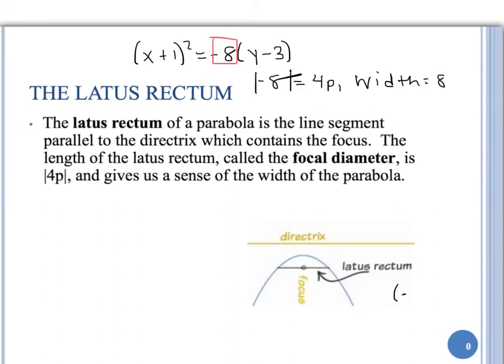Negative 1, negative 3, that's our vertex, and we're going 8 units total. So from here to here, that equals 8. So I have 4 units that way, and I have 4 units that way. And my graph is opening down. So that's how we figure out how wide our graph is going to be.